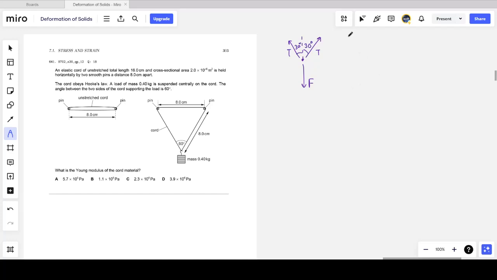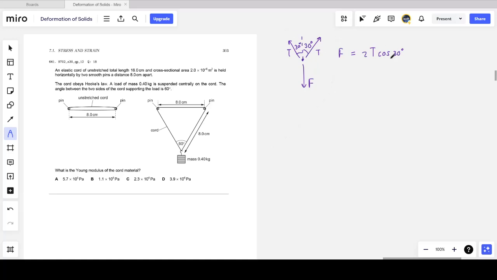Okay, so the force here, F, acts vertically downward, and it's equal to the vertical components of each of these tensions. And there's 2 of them. So that's 2T cosine of 30 degrees. And you can do the geometry to see that that's correct. So T cosine 30 degrees is the vertical component of one of these tensions. There's 2 of them, and the mass is in equilibrium.